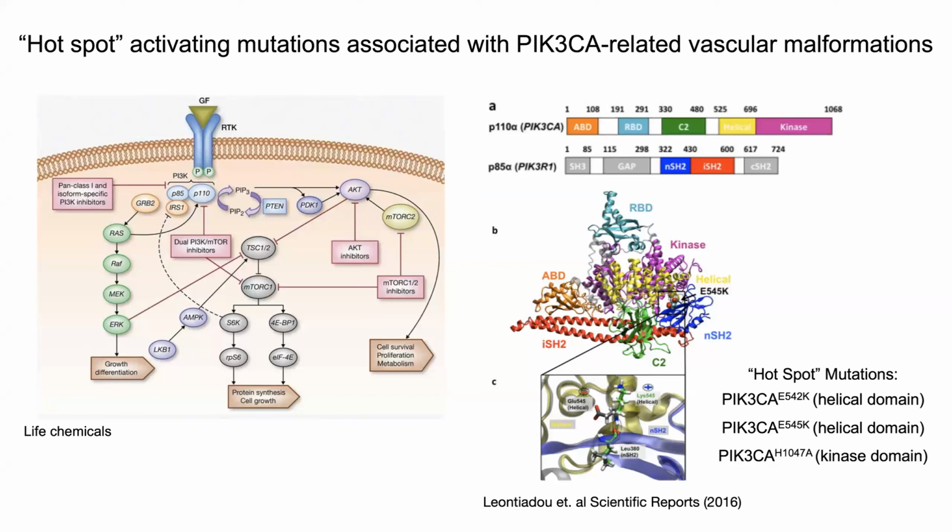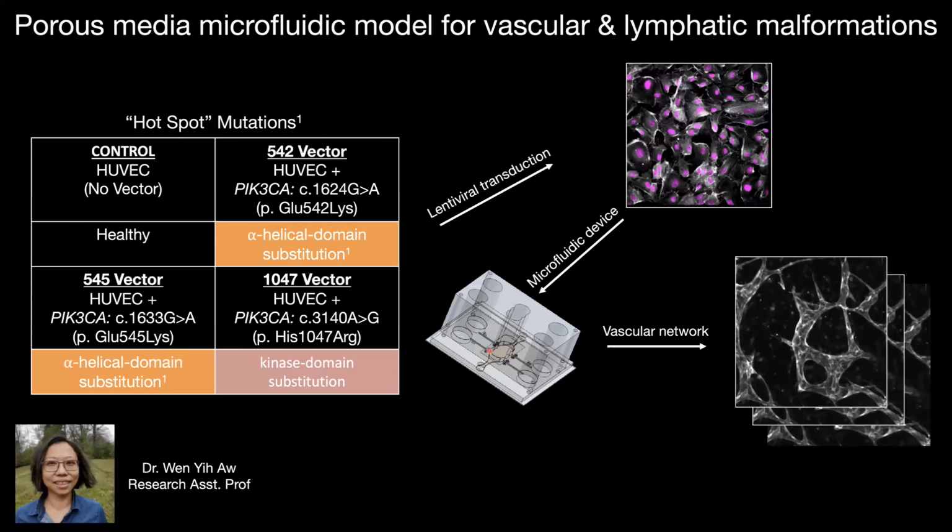And we're particularly interested in a couple of these hotspot activating mutations. These are mutations in the PIK3CA gene that lead to activation of PI3K signaling. So our general approach was to see if we could use cells that we understand well, these HUVECs.